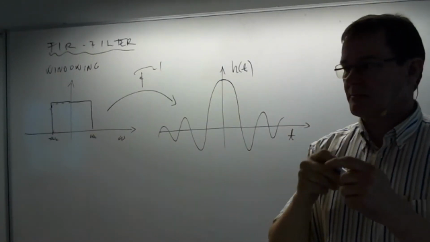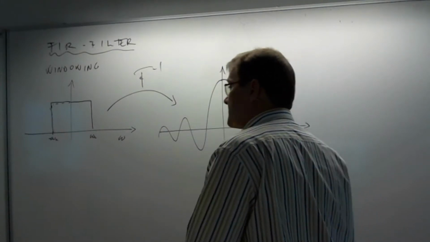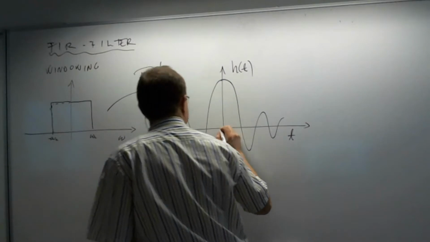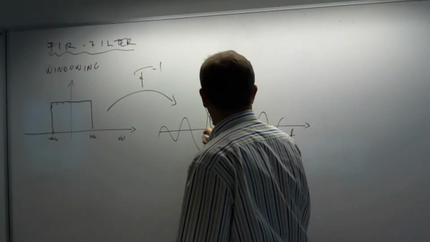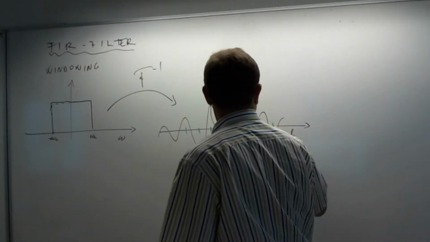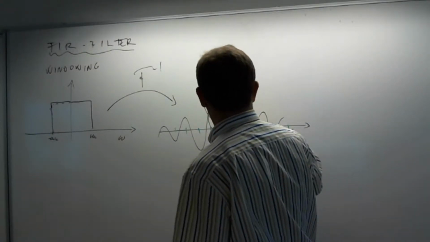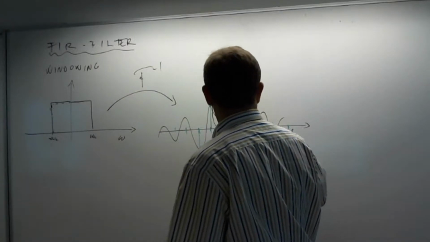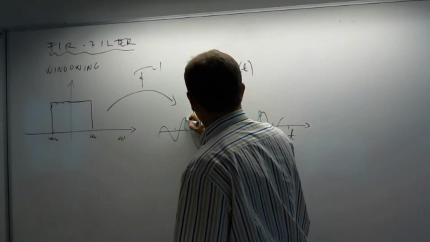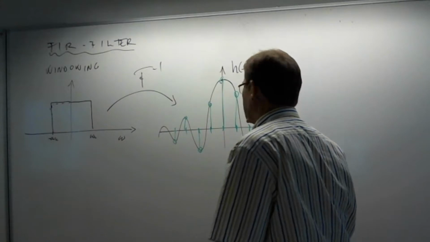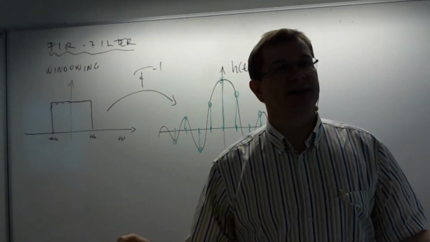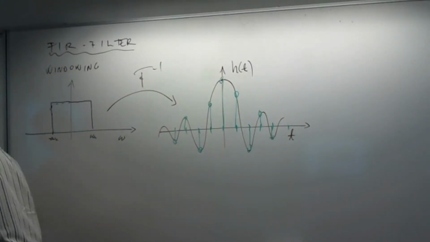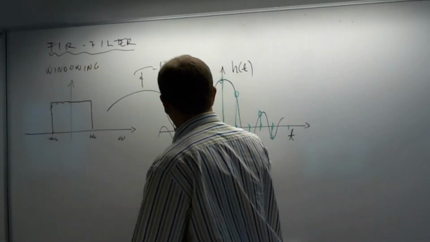Next we will make this a sampled system by simply sampling the impulse response. And we make it a finite impulse response by multiplying with a window.